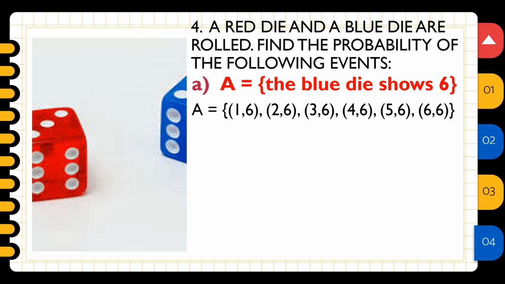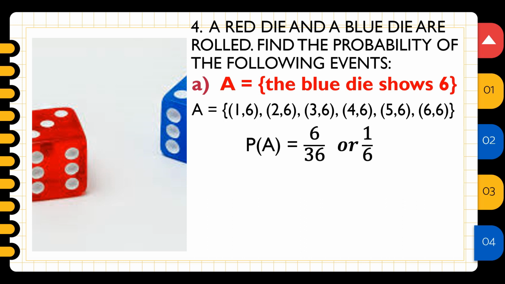How about the sample space? Since we have 2 dice, the sample space here will be 36. Now, if we are going to get the probability of the event A, P(A) is equal to 6 over 36 or 1 over 6.